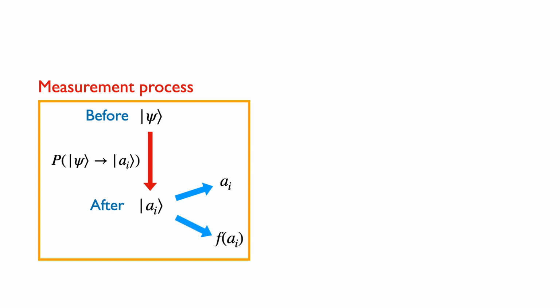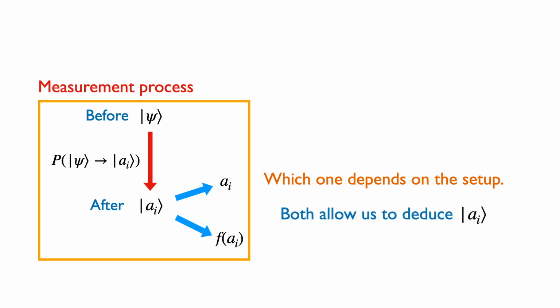The sort of readings we get depends on the experimental setup. For example, a computer may process the raw data to give some other well-defined output. The key point is that the output values allow us to deduce that the system is now in the post-measurement state a_i. This is the typical schematics for measuring an observable of a quantum system.